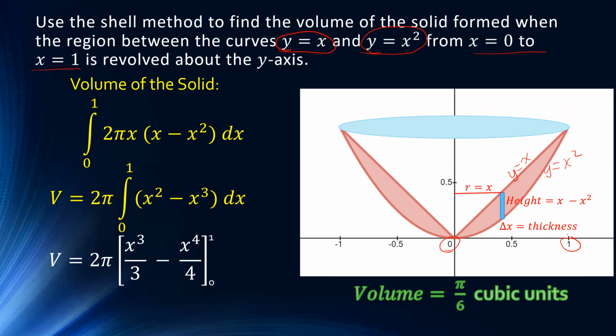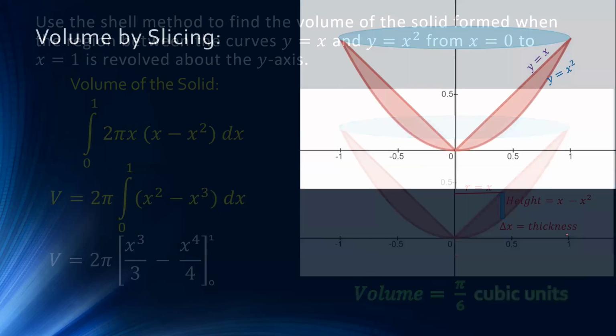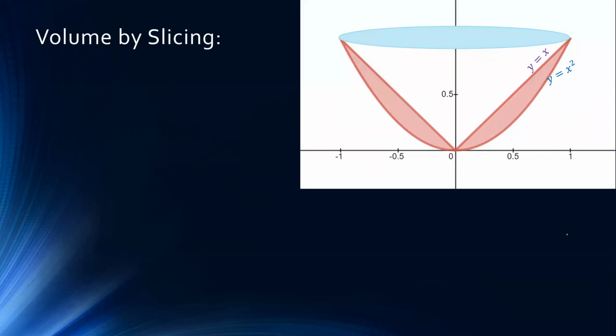Okay, now what we want to also do, because when I'm looking at shapes like this, I am dying to just use slicing. So let's look at the same volume, but use the slicing method to see which one you like better and how your brain works.